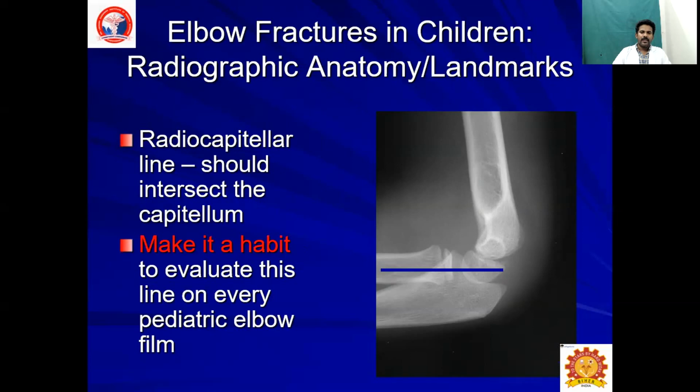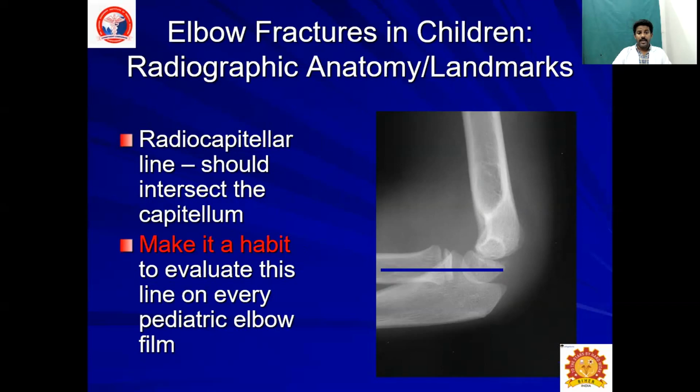Elbow fractures in children, radiographic anatomy and landmarks. We are seeing the same thing. This is another line which tells that the anatomy of the distal humerus is restored. The radiocapitellar line should intersect the capitulum. That is the main criterion.